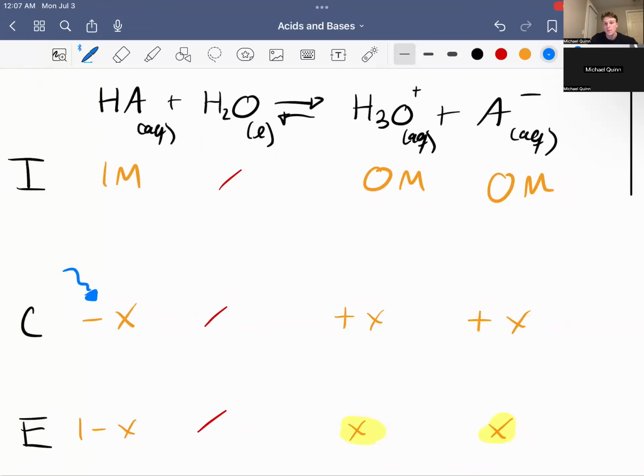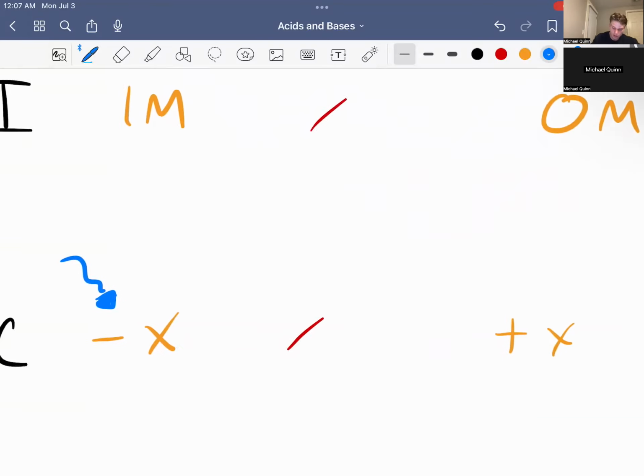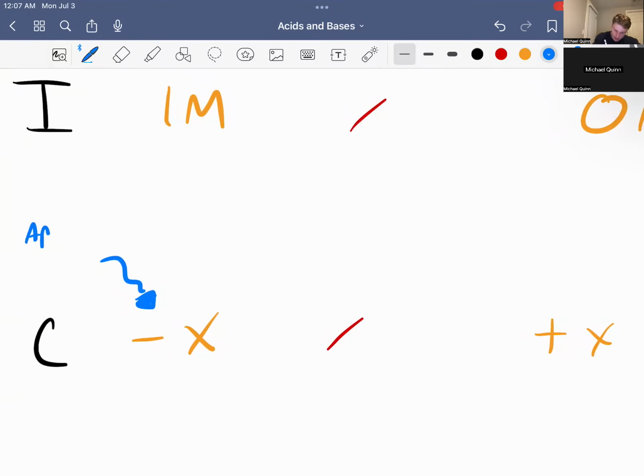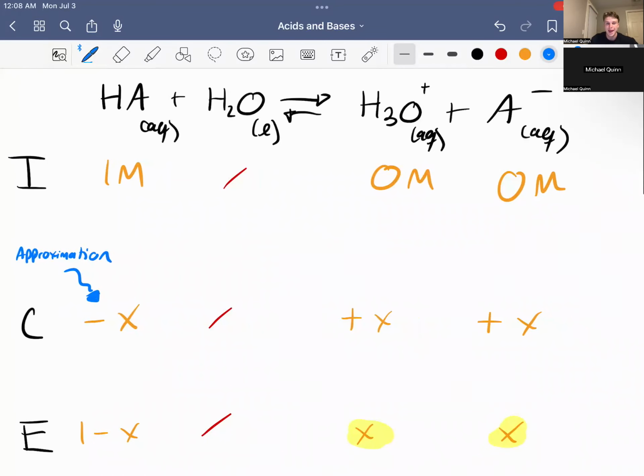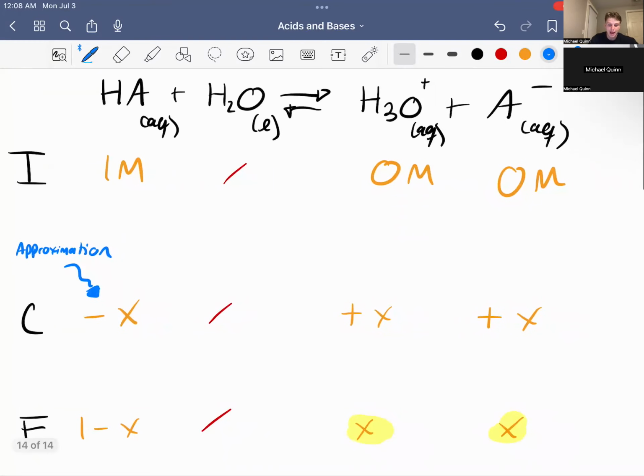They react so much less than 100% yield. We can call this an approximation, and essentially say that if we start with 1 molar of a weak acid, whatever we react and use up will be so small that it's not even going to affect that 1 molar. It will be so small that 1 minus whatever that number, if you round up using significant figures, is still going to be 1 molar.